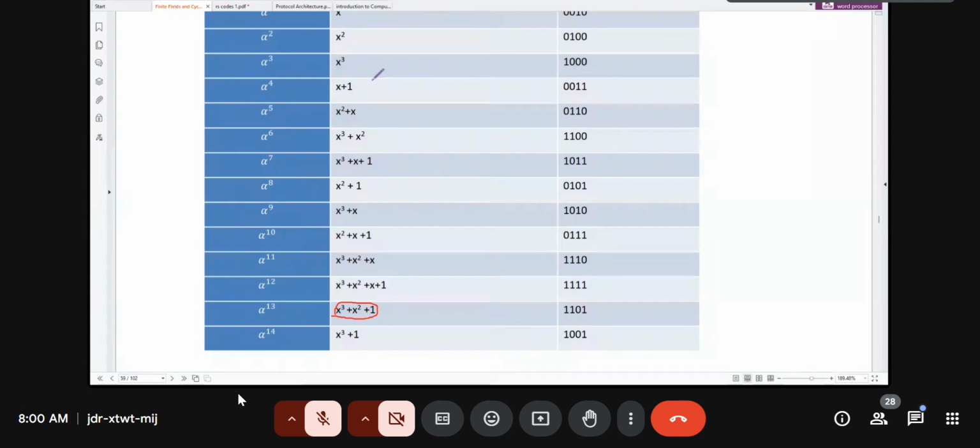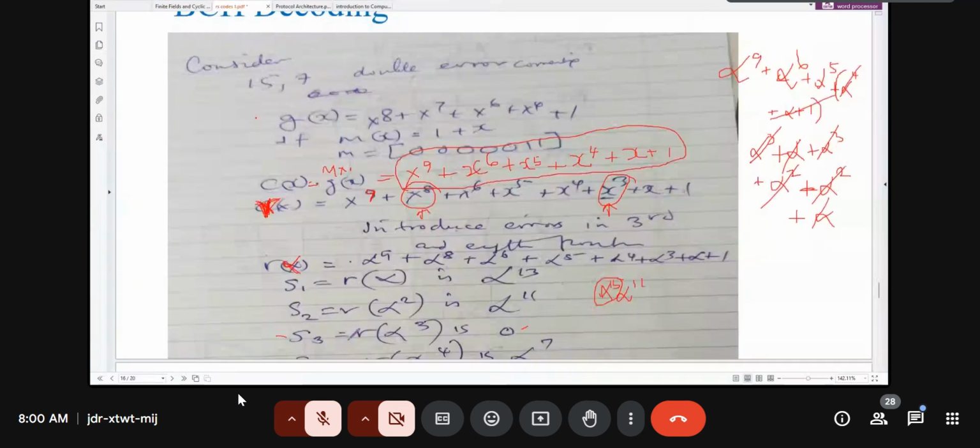So for alpha to the power of 4, this is S4. S4 is simply R of alpha to the 4, just replacing the received syndrome x with alpha to the 4. So if you put alpha to the 4 here, this will become alpha to the 36. But alpha to the 36 is alpha to the 15 times alpha to the 15 times alpha to the 6. So it will simply become alpha to the power of 6 because alpha to the 15 is 1.